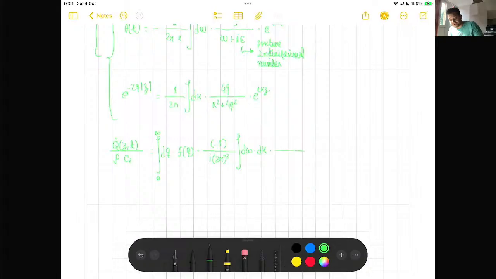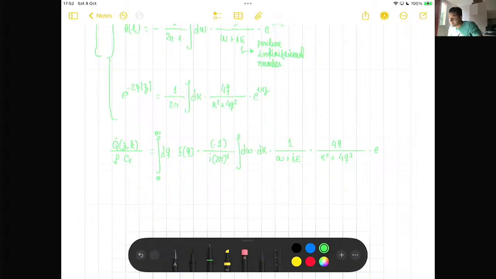Times the fraction 1 divided by ω plus i times the infinitesimal positive number, and times 4q divided by k² plus 4q².